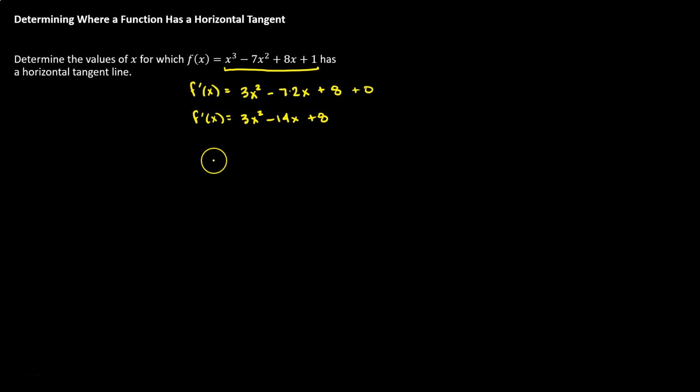And if we want to know where is the tangent line horizontal, that's the same thing as asking where is your derivative equal to 0. So we will calculate the derivative, then set it equal to 0.